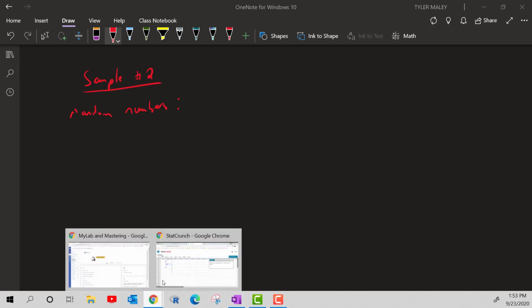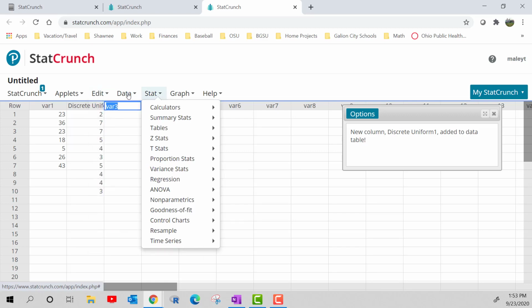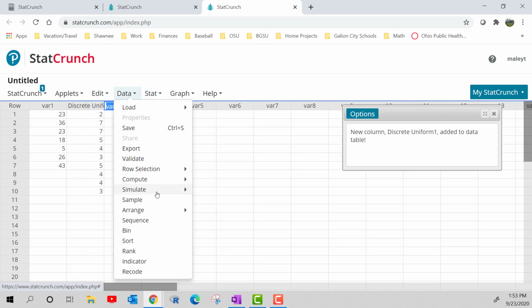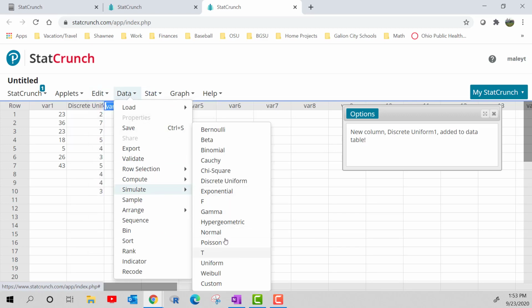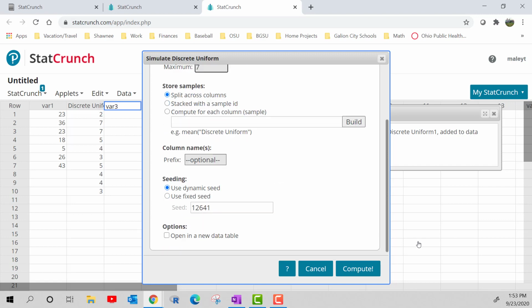If I go back to Statcrunch, I could click in here again and go to data, simulate, discrete uniform. And then I'm just going to throw in 10 numbers again. We want just one column. The minimum number was 1 to 7. And then I'll hit compute.